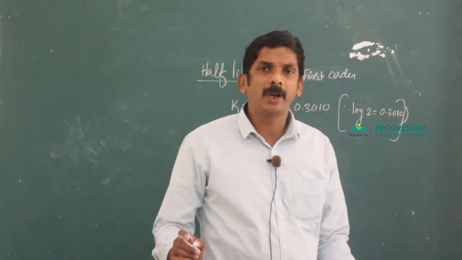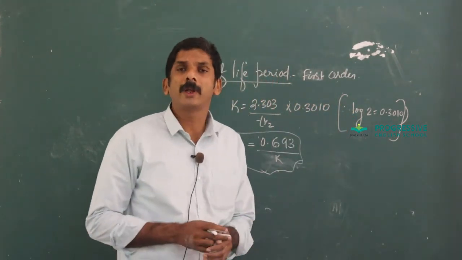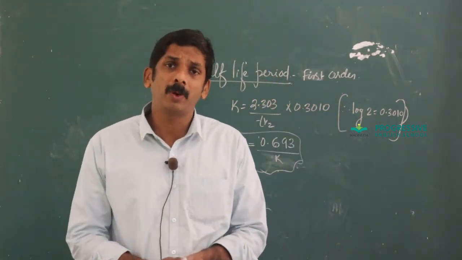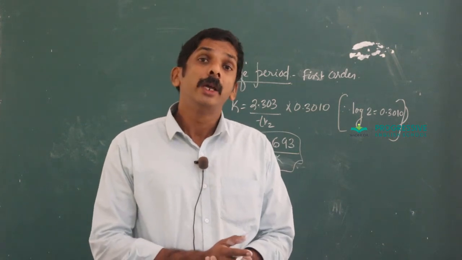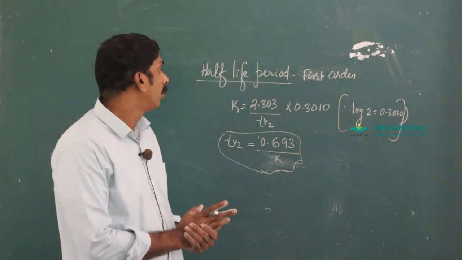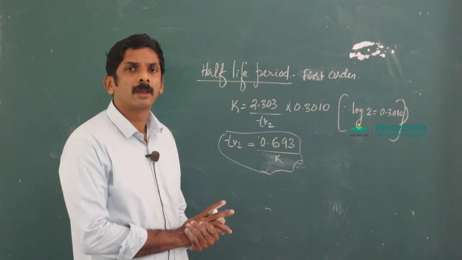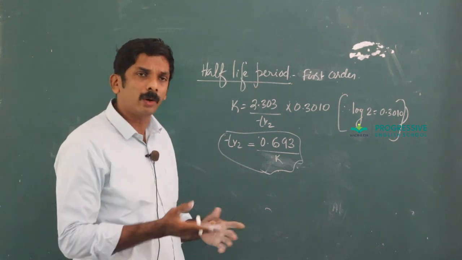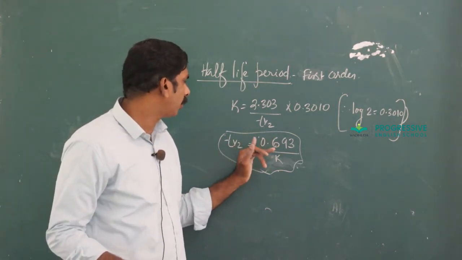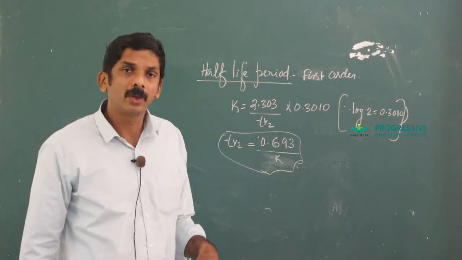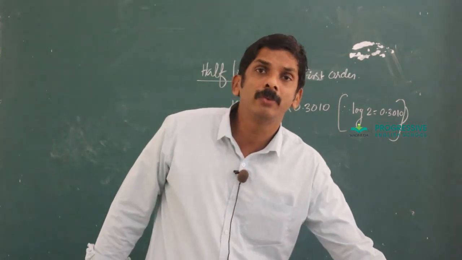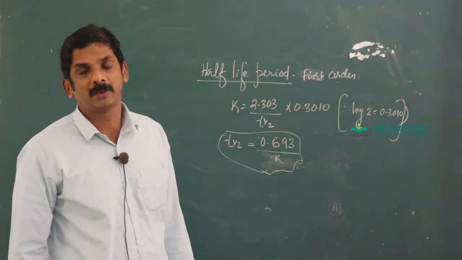And what is your prediction? Whether the half-life of a first order reaction depends upon its initial concentration? No. The half-life of a first order reaction is independent of initial concentration.